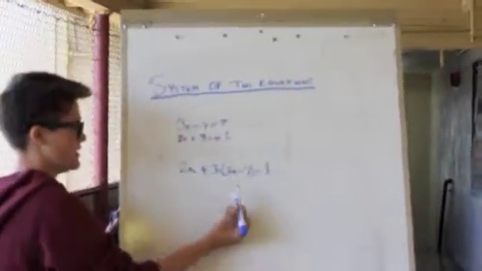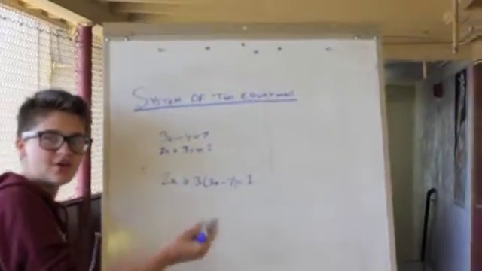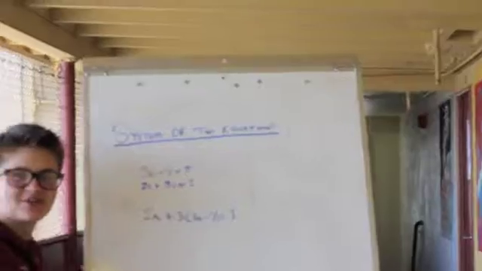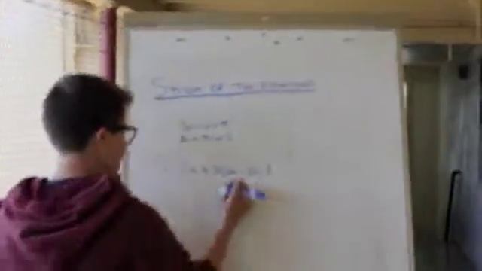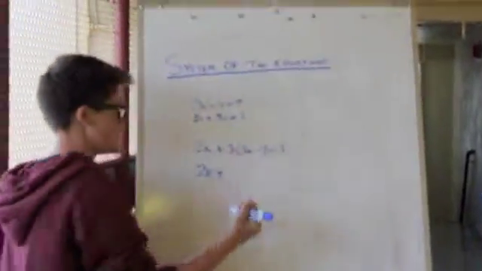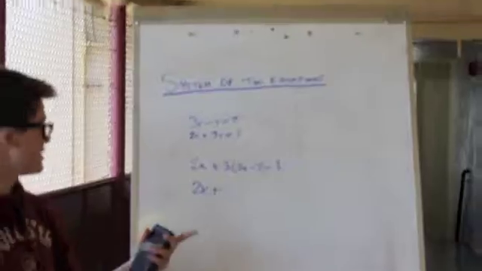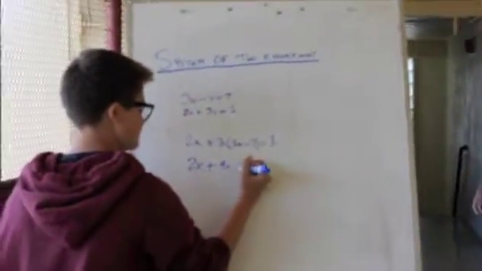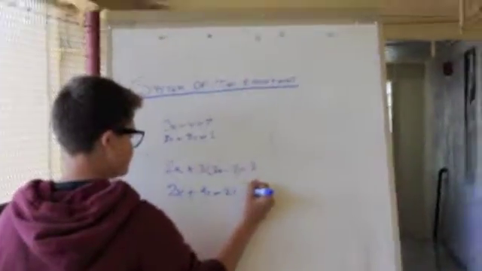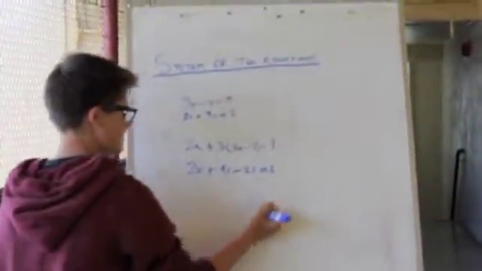As you can see, we made the first equation y. So let's solve for that. It's 2x, and then use the distributive property on the y. So it's 9x minus 21 equals 1.